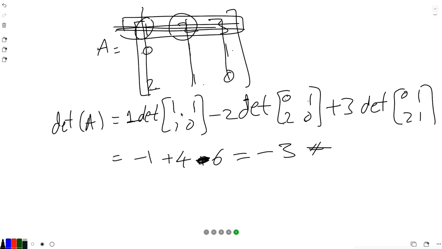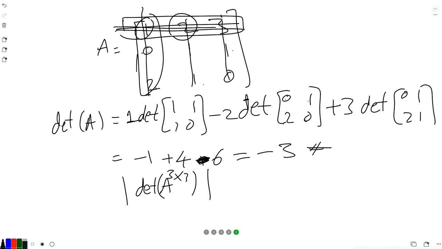However, remember that if you have a matrix A that is 3 by 3 like this one, the absolute value of the determinant of A represents the volume of the box formed by the column vectors of this matrix.